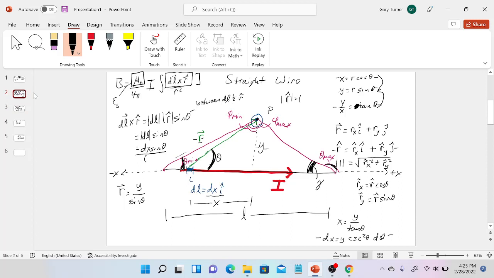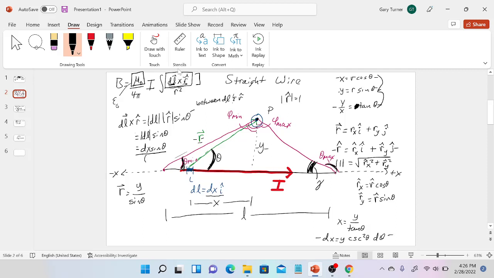The basic recipe is: define dL according to your current, find R hat and its components to take the cross product with to get your direction, and then define the integration variable you want to use, whether you want to stay in Cartesian coordinates or move to angular coordinates. Then translate all of your variables into that set of coordinates and carry out the integration. I know it's easier said than done, but that is the general recipe.